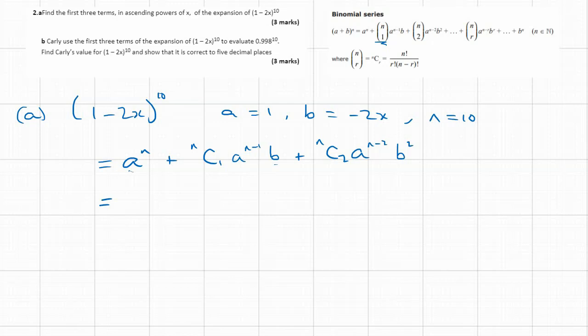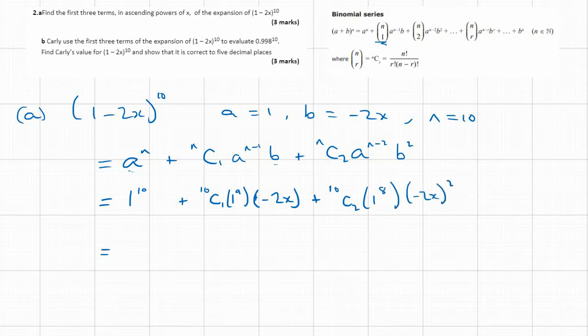So 1 to the power of 10 plus 10 choose 1, 1 to the power of 9 times negative 2x, plus 10 choose 2, 1 to the power of 8 times minus 2x all squared. So this is just 1.